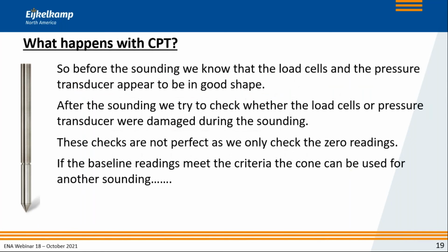So in other words, when you look at calibrations with CPT, we don't feel that it's necessary, or at least the code feels that it's not necessary, that we do a calibration every so often. Because in that case, you check only every so often that the cone is in good shape.